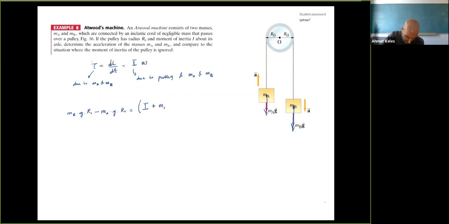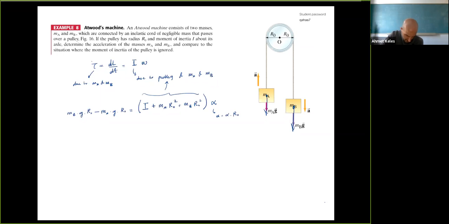So this is MA R naught squared, and the contribution from MB, whose perpendicular distance is also R naught, is MB R naught squared. So this whole thing, just to remind you, the total moment of inertia, should be equal to alpha. And once we have alpha, we know A is equal to alpha times R naught.